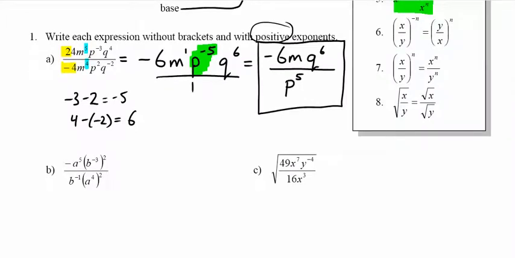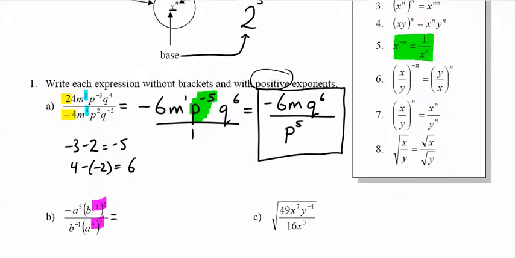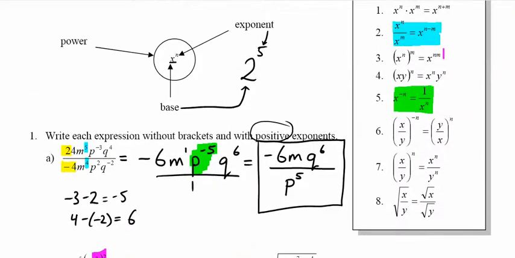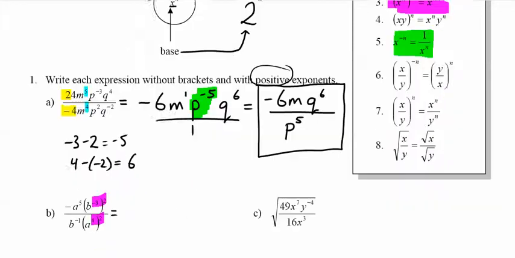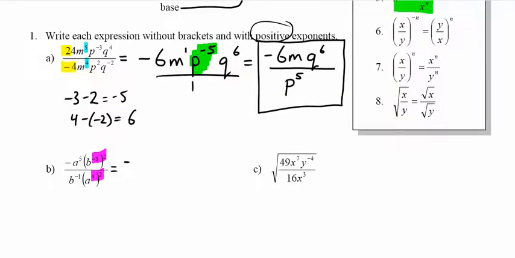A similar thing here. When you have a power of a power, like these, we can simplify that by multiplying the powers together. That's the power law. That would be always a good first step. So -3 times 2 is -6. And 4 times 2 is 8.